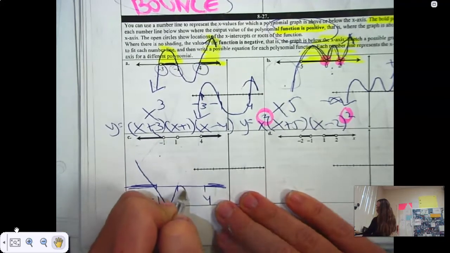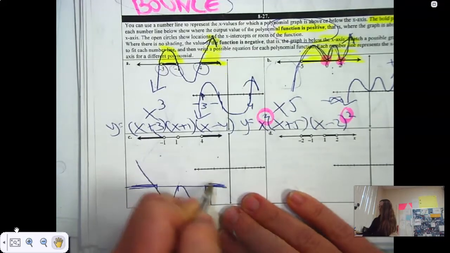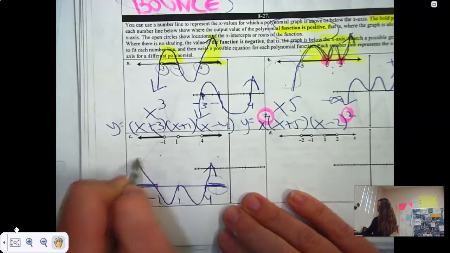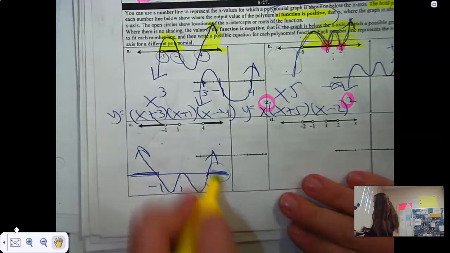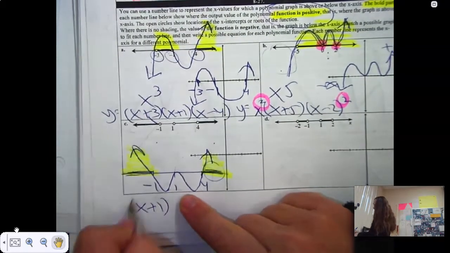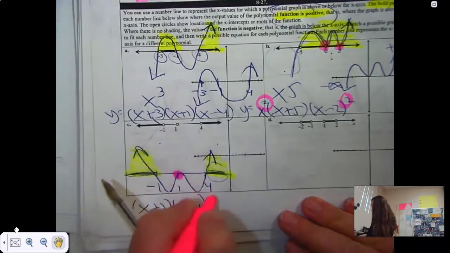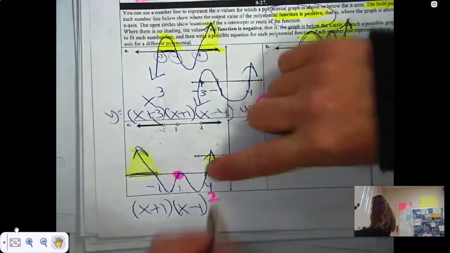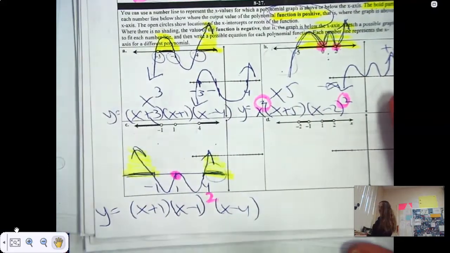So we bounce. And then we go to here. Do we go up? Yeah, well, because this is where it's positive. Okay, so this is where it's positive. Okay, which means my factors are x plus 1, x minus 1, but this was a bounce, squared, x minus 4 equals y. Great test question.